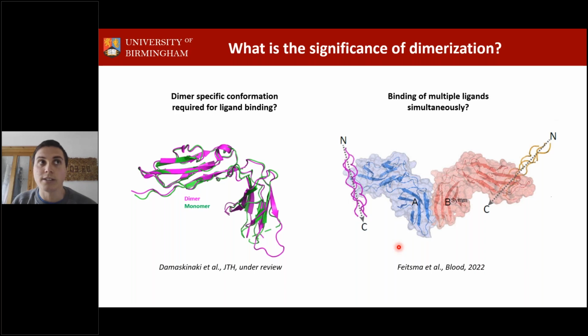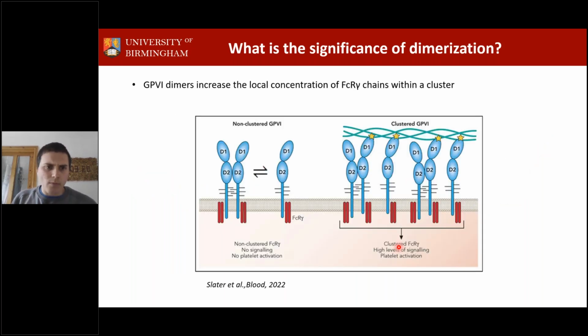GP6 definitely dimerizes. We've shown this in cells and in platelets, but we don't know why. And this led us to propose a new model whereby GP6 is present as a mixture of monomers and dimers in the cell. And then when you cluster GP6 with a multimeric ligand such as collagen, you cluster the FcR gamma chains, which are responsible for signaling, and it's that clustering which is initiating a signal.